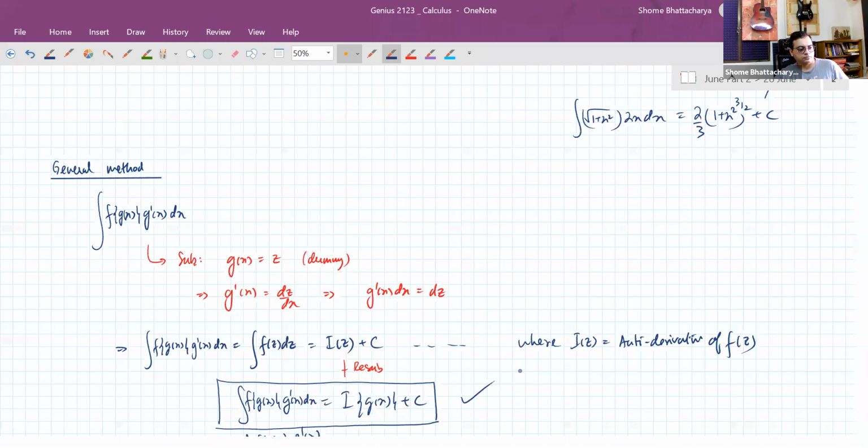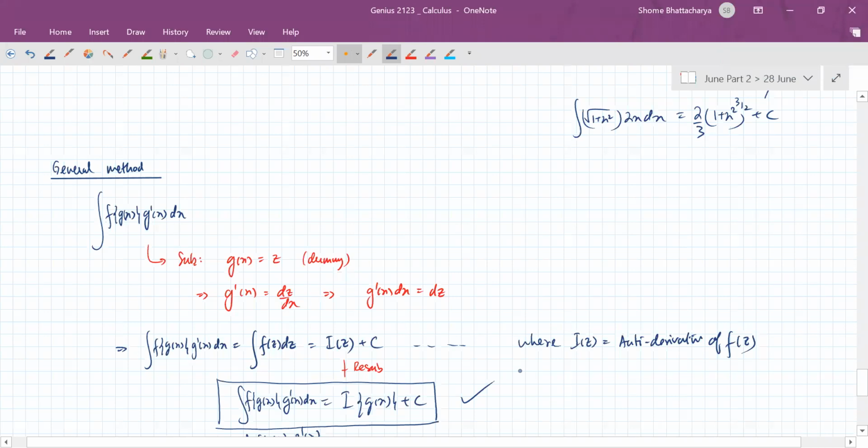Sir, according to this formula, the answer to this sum should be minus cos x plus c, no?